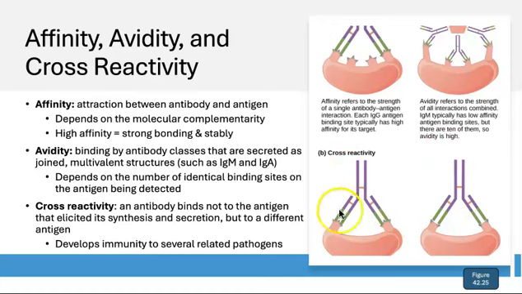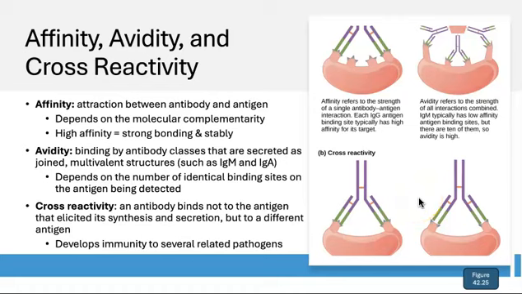Lastly, we have cross-reactivity, which we have pictured over here, which is when the antibody is going to bind not to the specific antigen that it was made for. And I think this picture did get cut off a little bit, but notice how the epitopes here are a little bit different, right? And the antibody is still able to attach to both of them.